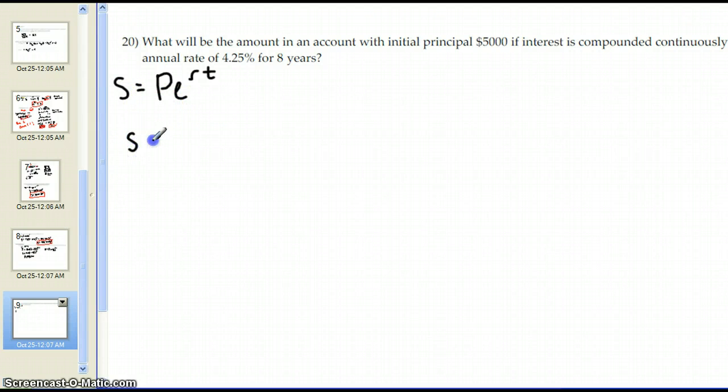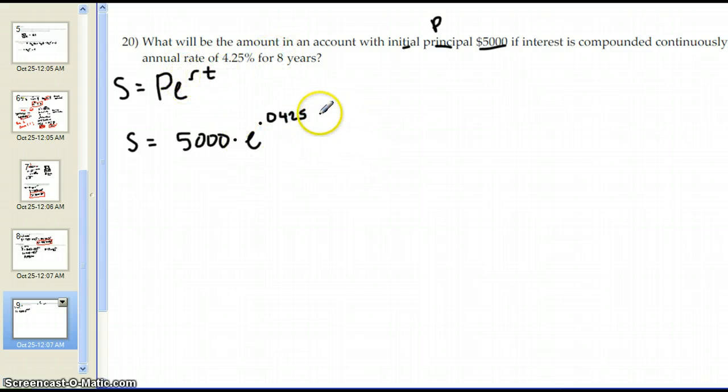But S equals, P is our initial principal, so that $5,000 is our initial principal. So 5,000 times E to the R, as a decimal just like before, so 0.0425, and then T is 8 years. Alright, and I can just put that straight into my calculator.